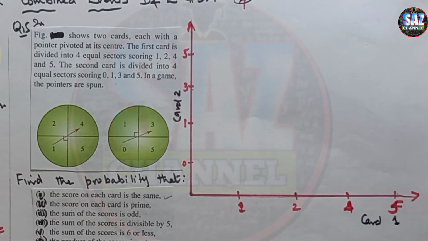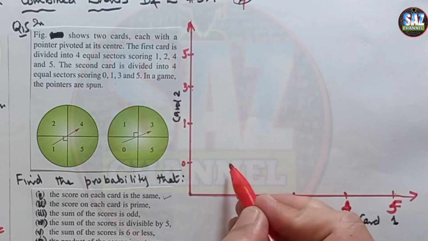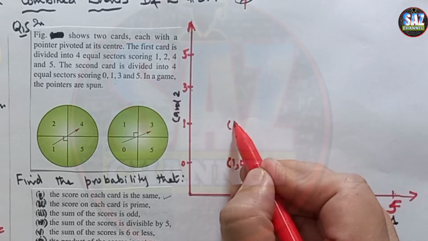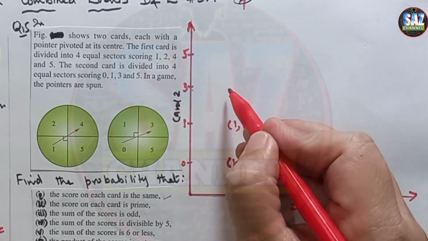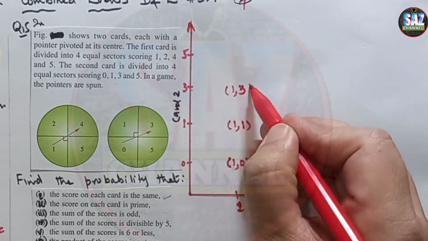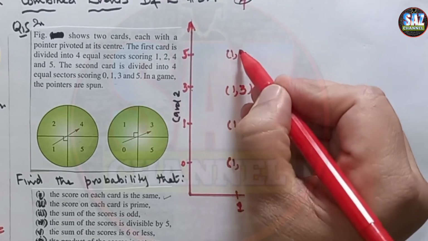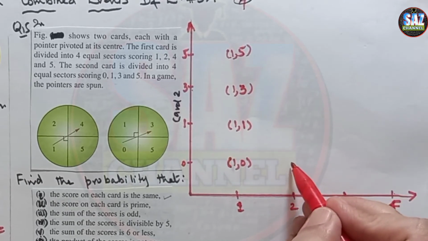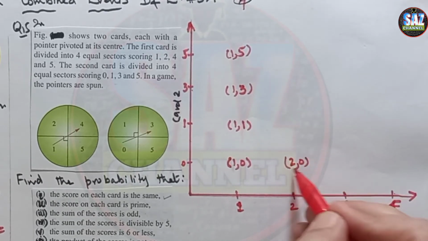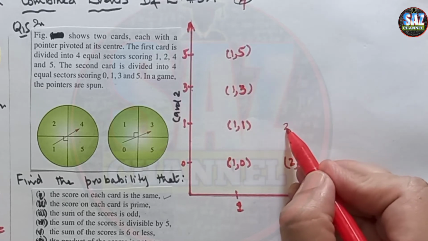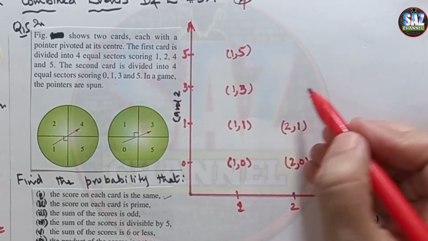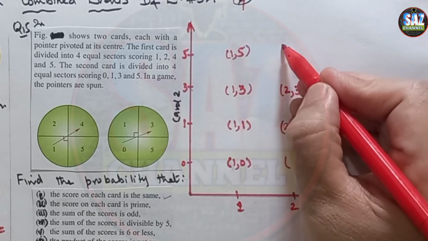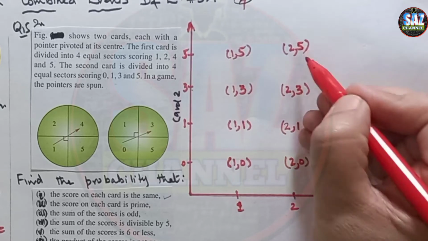Let's analyze all possible outcomes. 1 with 0, 1 with 1, 1 with 3 and 1 with 5. Moving to 2: 2 with 0, 2 with 1, 2 with 3 and 2 with 5.